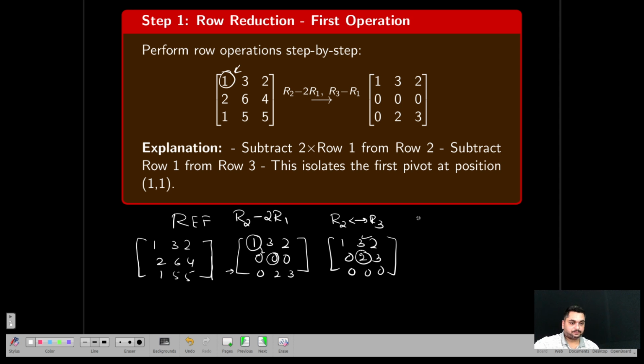So R2 is equal to R2 minus R1. If I do, what is the problem here? This becomes minus 1 again. So for that, what I have to do? How will I get this 2? So that is what we have to check.